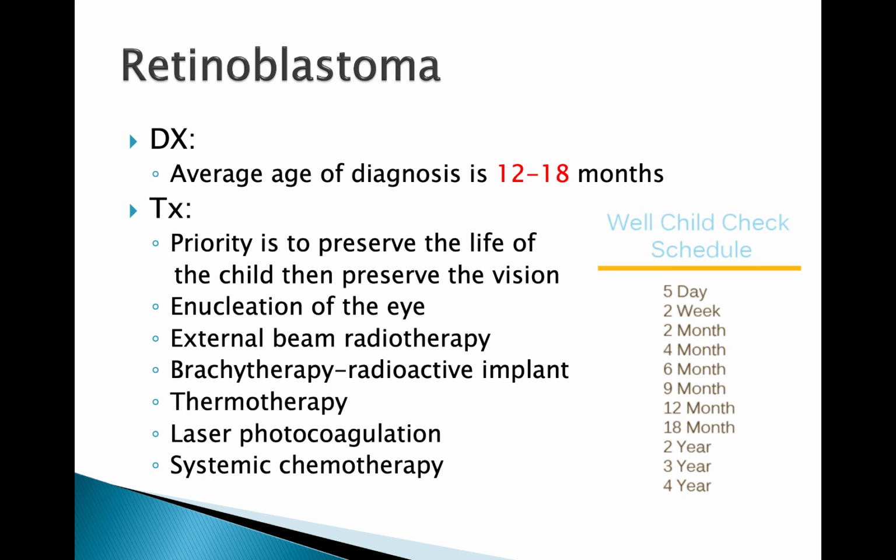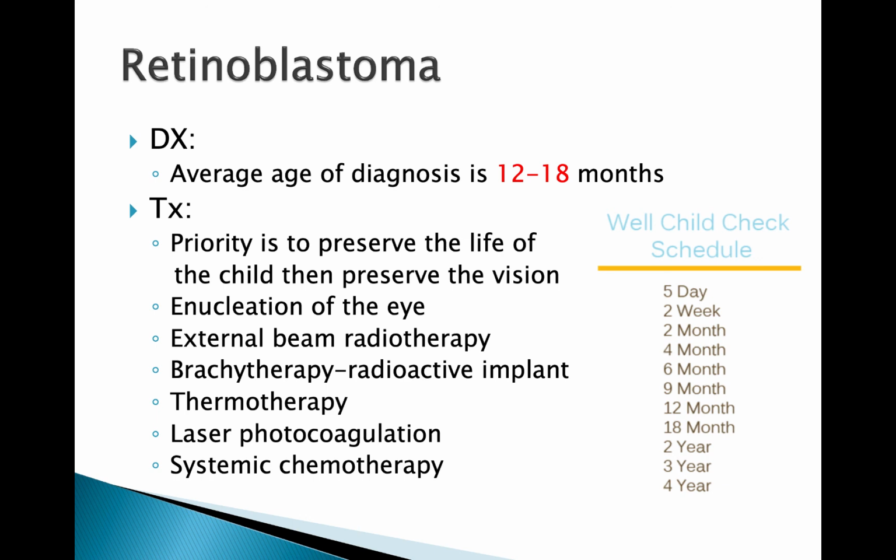So treatment priority is to preserve life of the child, then preserve vision. These kiddos may have to lose an eye in order to save their life. Treatment with external beam radiotherapy. They can also do brachytherapy, radioactive implants, thermotherapy, laser coagulation, and systemic chemotherapy.